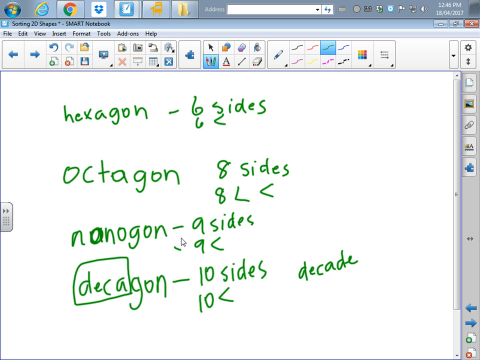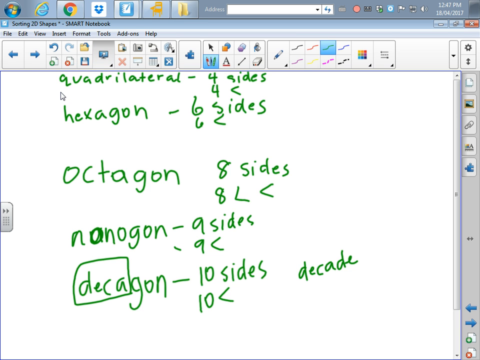Willow. Quadrilateral. That's a toughie. What do you know about a quadrilateral? Levi? It has 4 sides and 4 angles, and you can remember that because quad is a short word for 4.